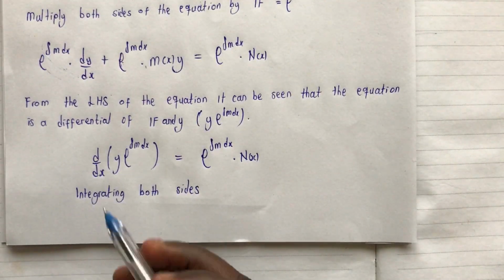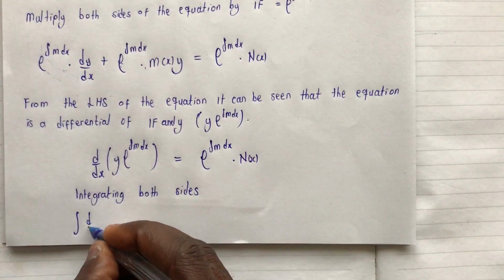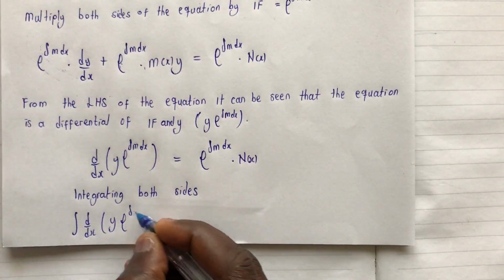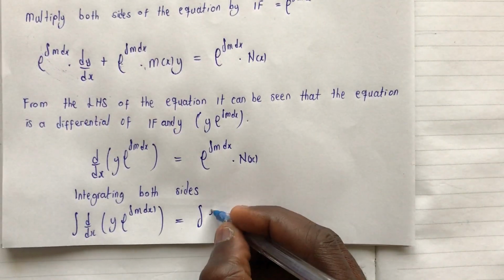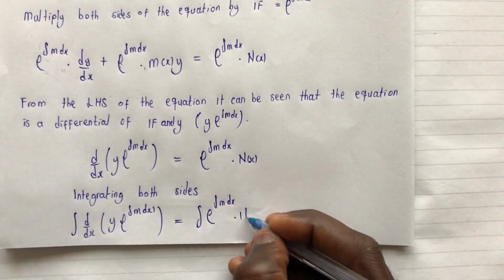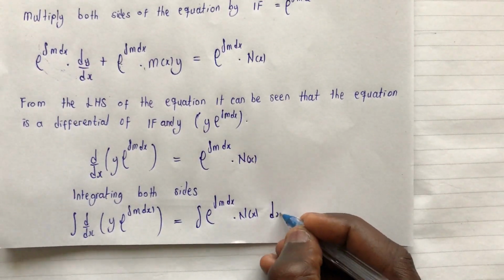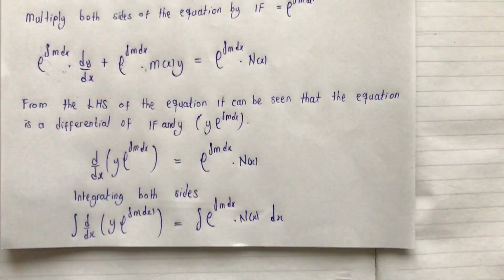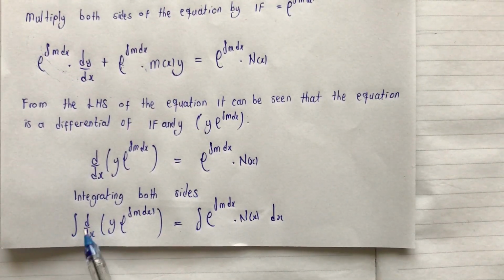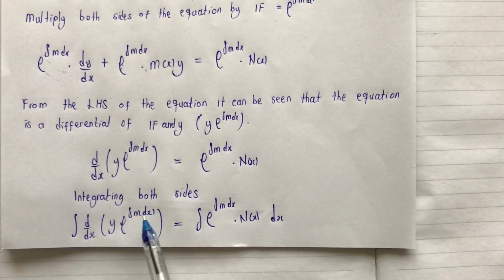Integrating both sides, we have the integral of d/dx of y e to the integral of m dx equal to the integral of e to the integral of m dx times n(x) dx. So I've taken integration on both sides. Now this integral sign will take care of the derivative here, and we are left with this side.